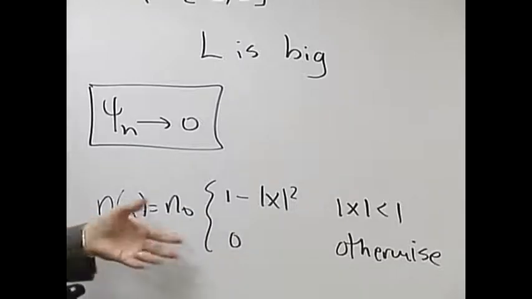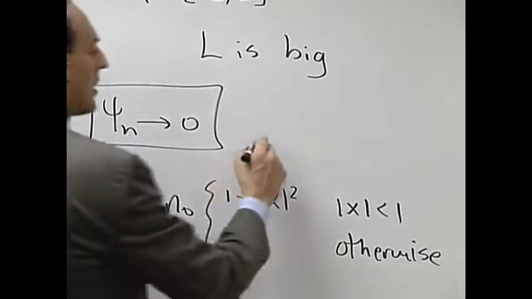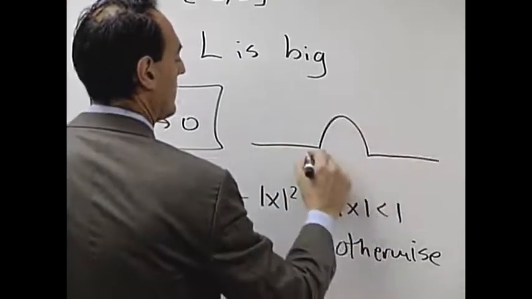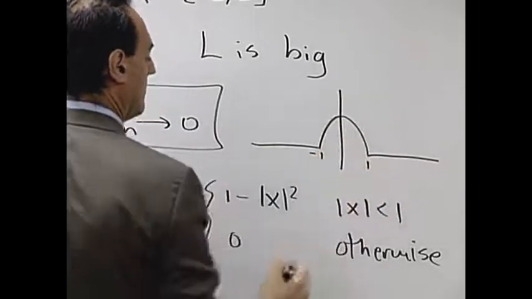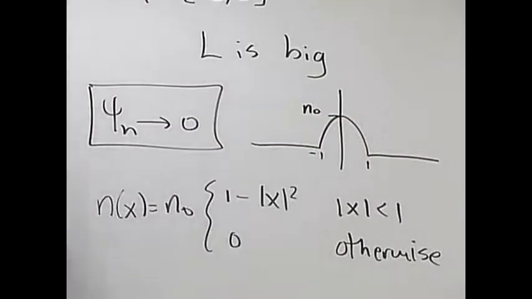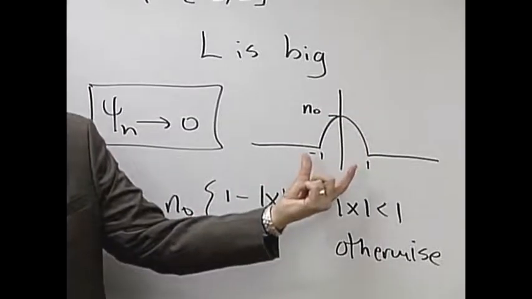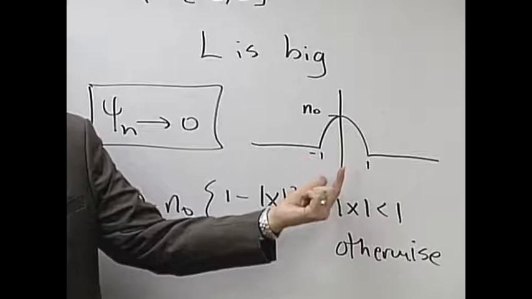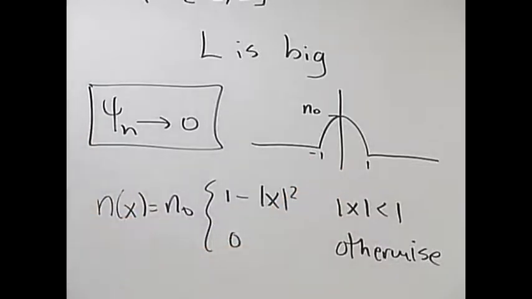So n of x takes on some value, and so it looks something like this. The height of n0. This is what n of x is going to look like. So it's only going to play a role between -1 and 1. Okay, so we'll take that as what n of x is.